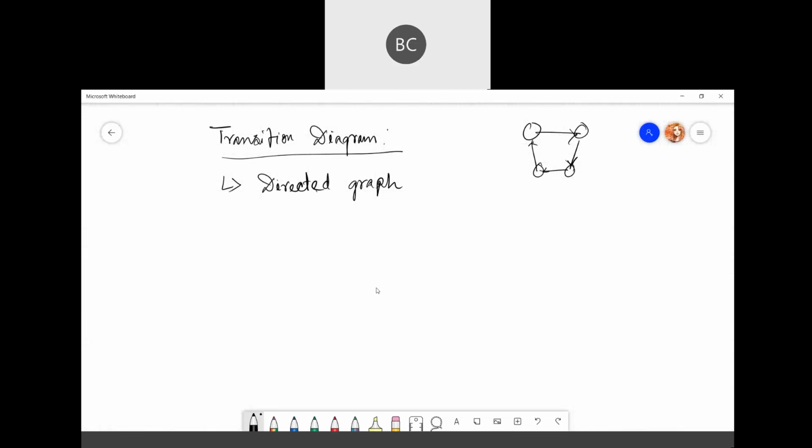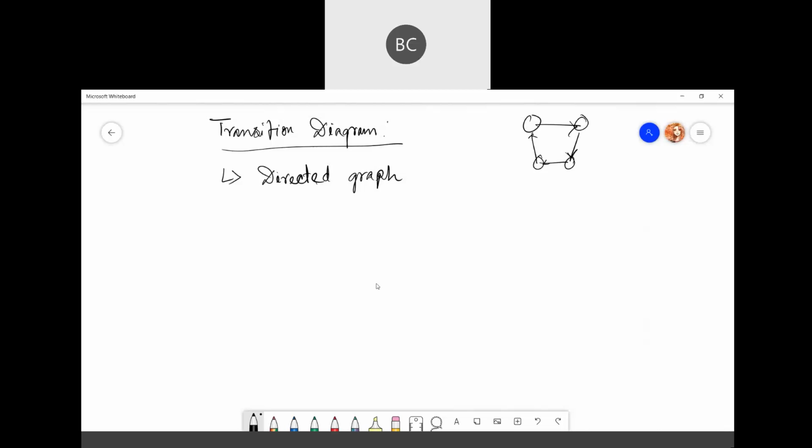With the help of a transition diagram, we design or construct our finite automata. There are certain symbols. It consists of nodes, which we can also call circles, and these are your states. This type of node or circle will represent states, and the arrows will be basically the transitions.